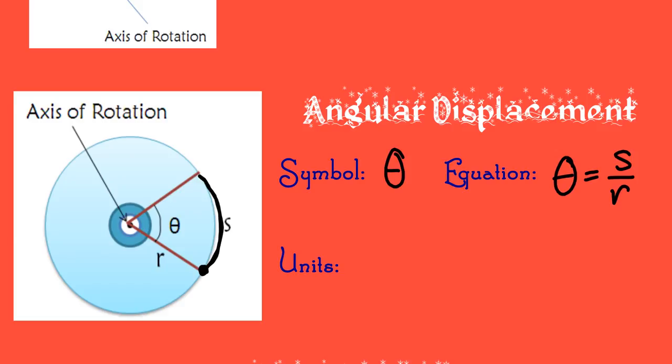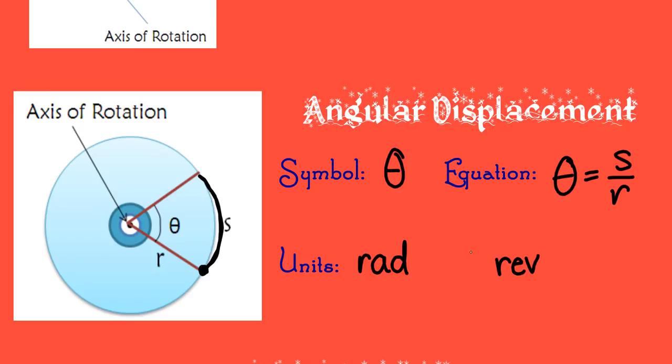The common units that we'll use will be radians, or RAD for short. But just as with linear motion, there are some other units that can sometimes be used. For example, you may see something in revolutions, or rotations would be another name for that.